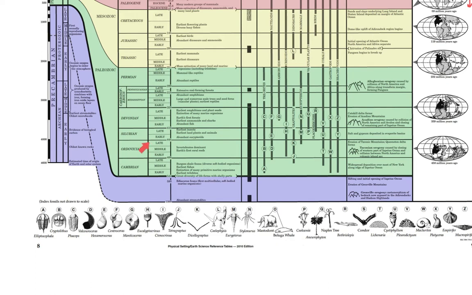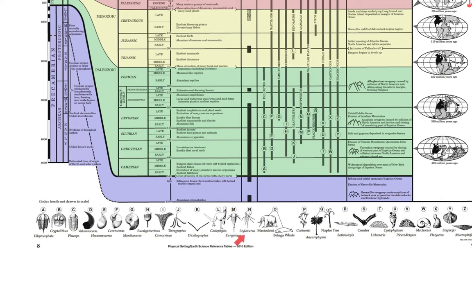but we're not going to stop there. We're just going to double check and make sure the others aren't found there. Number 3 is this little guy right here, Elliptocephalia, and that is letter A. And letter A is found in the early to middle Cambrian. Nope, that's not it.